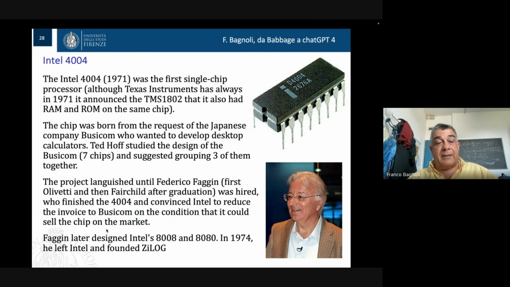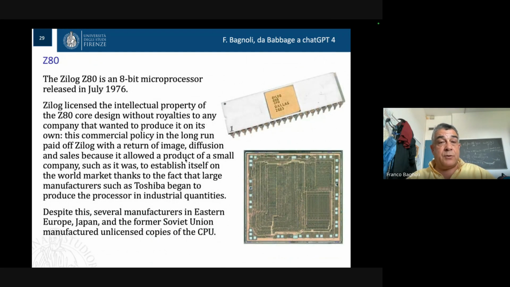Finally, he also abandoned Intel because Intel was losing time, still betting on memories instead of microprocessors. And so he founded Zilog and produced the Z80, which is one of the most famous and also powerful chips of the time.